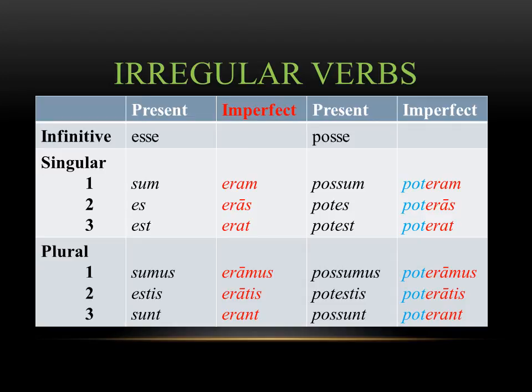And then after the POT, we're just adding the imperfect of esse. That's where you get poteram, poteras, poterat, and so on down the line. And again, just like we said before, pay attention to where those long vowels are. It'll be in the second person singular and then the first and second person plural. That A is going to be long.